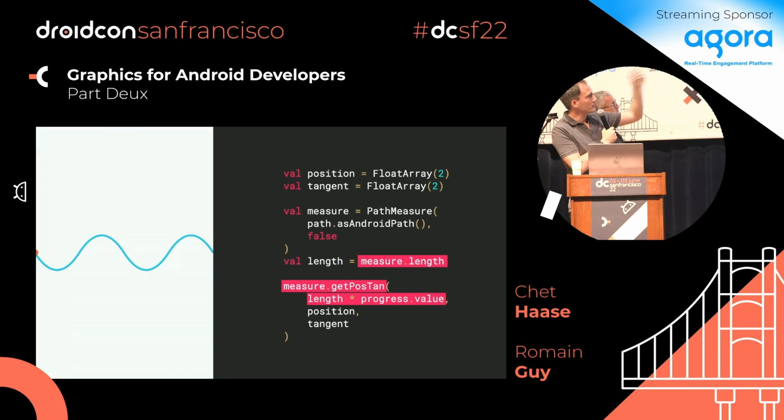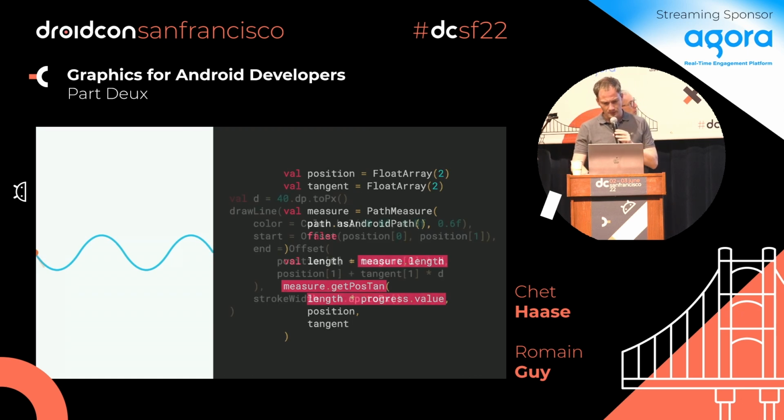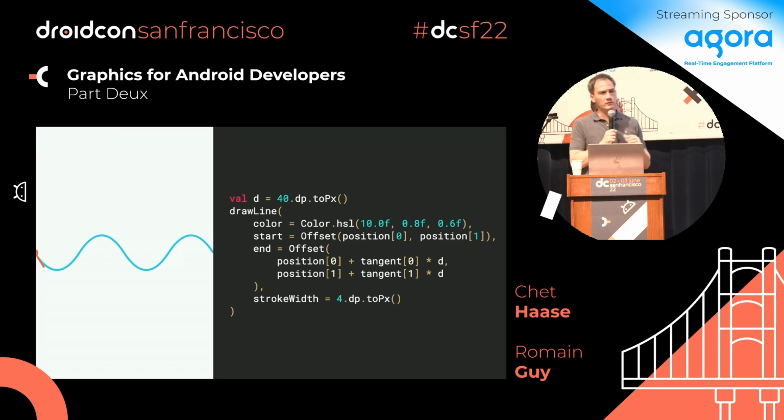That position is given to you as an array of 2 floats, x and y. We also pass an array to get the tangent. We're going to look at the tangent in a little bit, actually, on the next slide. The tangent is given to you as a unit vector, so it's really the direction of the slope at that specific position on the path.